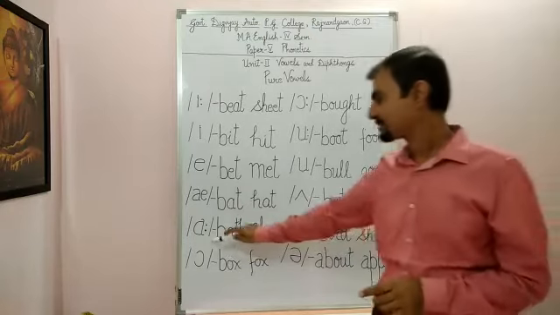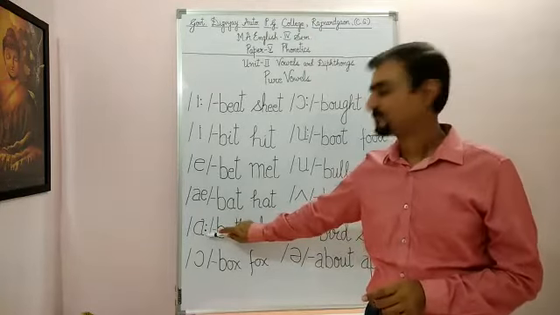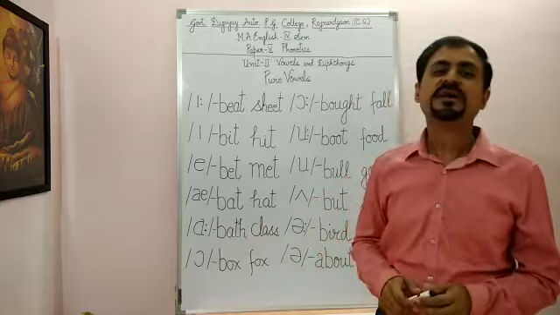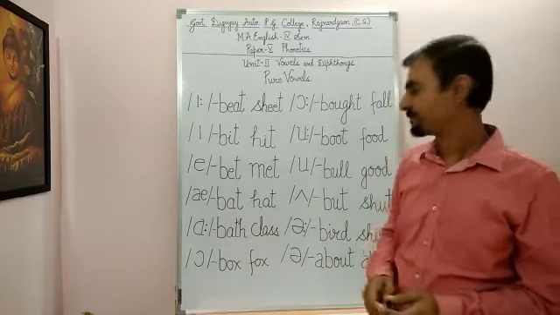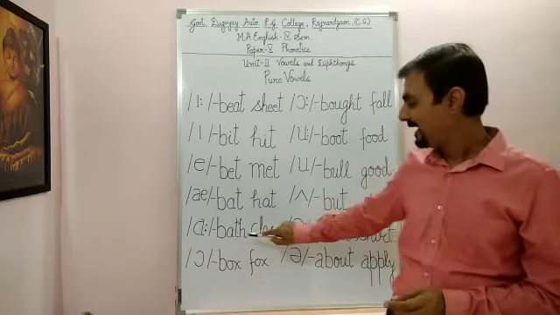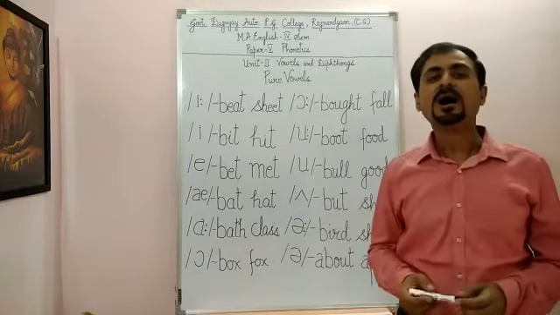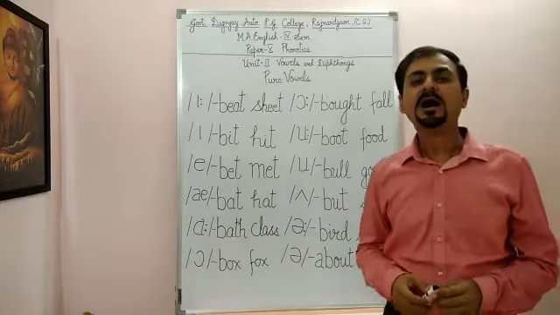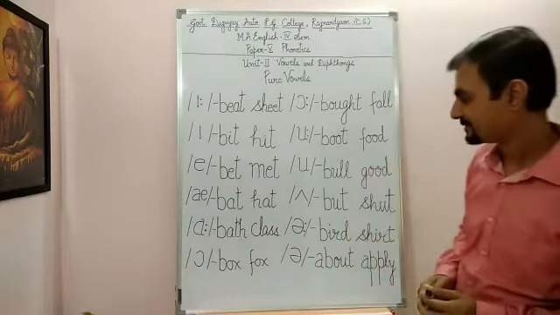Next is /ɑː/. The colon signifies that it is a long vowel. /ɑː/ as in bath, class, path, fast.